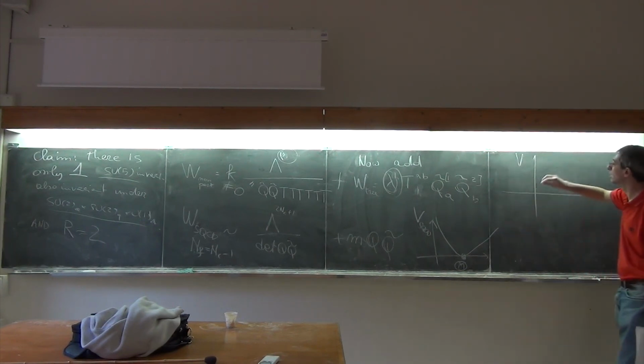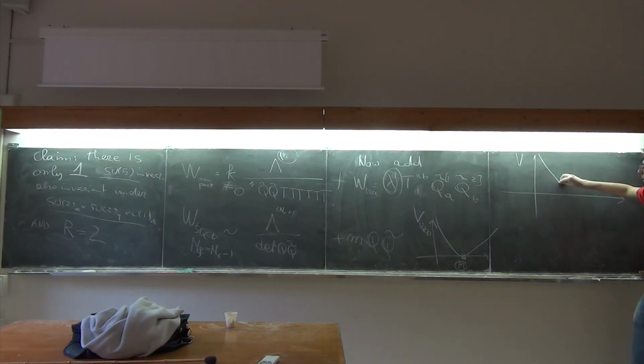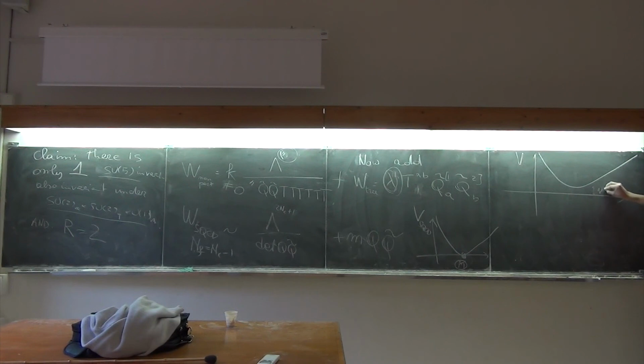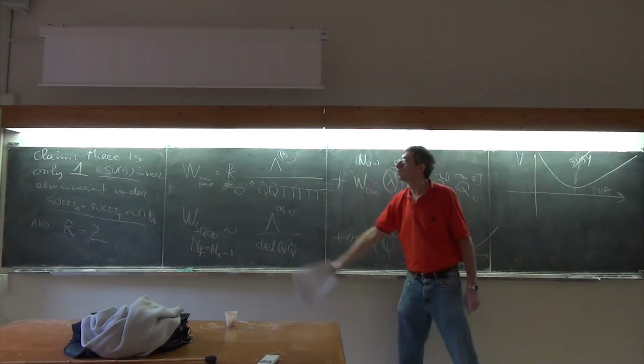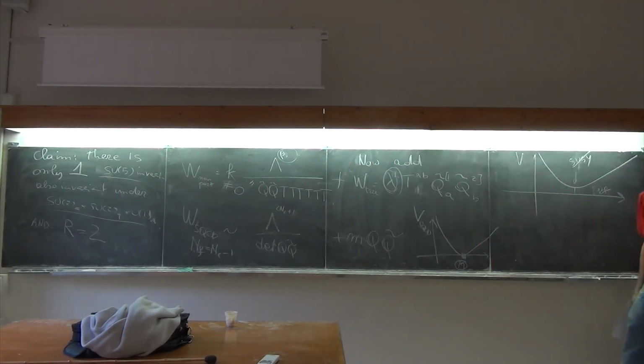The only difference here is that you don't go down to 0. There is a gap. This gap means that this is a truly stable supersymmetry breaking vacuum, dynamically generated by the one-instanton computation that we haven't done.